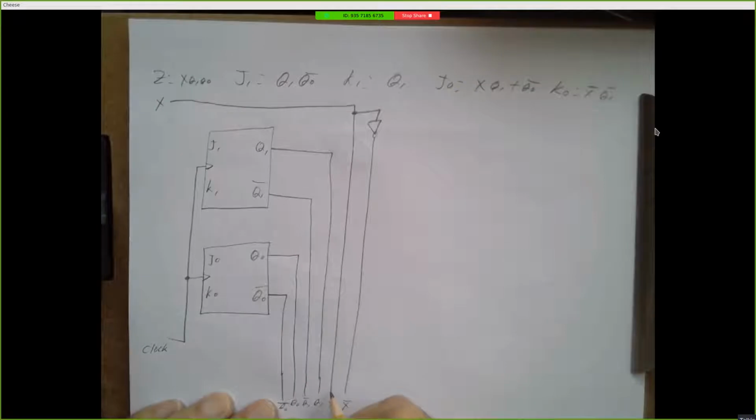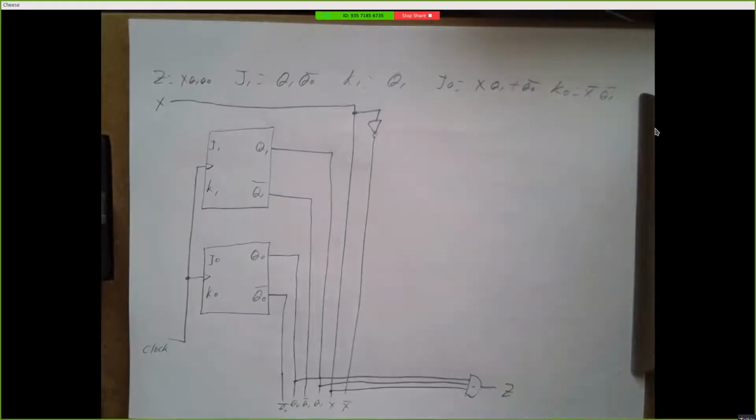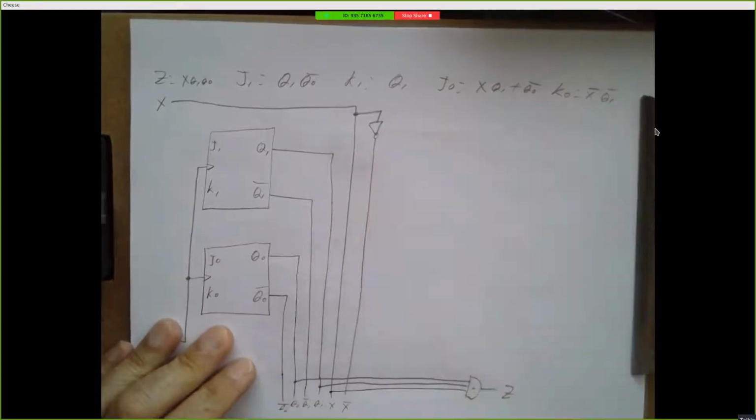And now I just start building these circuits. So I want to take X, and I want to AND it with Q1, and I want to AND that with Q0. And there's my output Z. And K0 is supposed to be X bar ANDed with Q1.